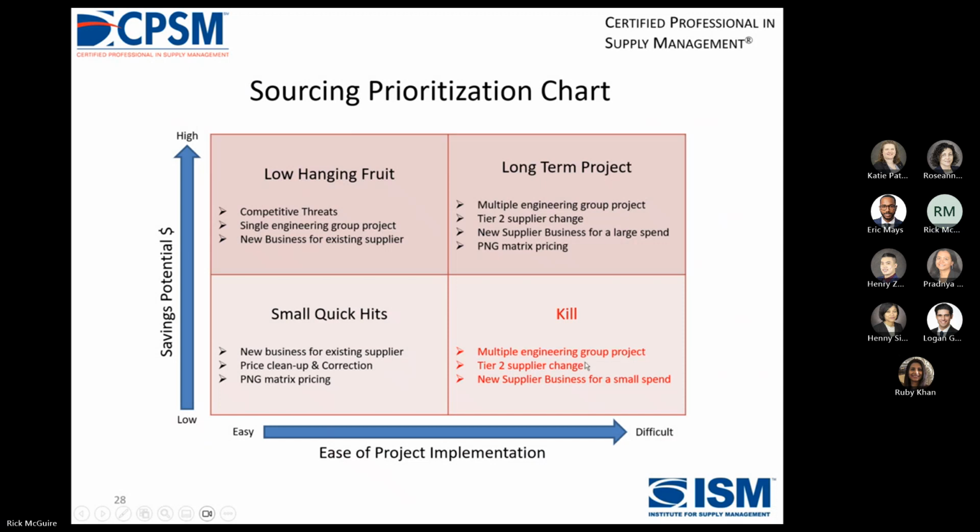These are small savings, but very difficult to implement. This is trying to do directed tier 2 buying and changing. It's just not worth it. It's just a hassle. You get very little savings from it. Low hanging fruit, easy implementation, big savings potential, and then long-term project.